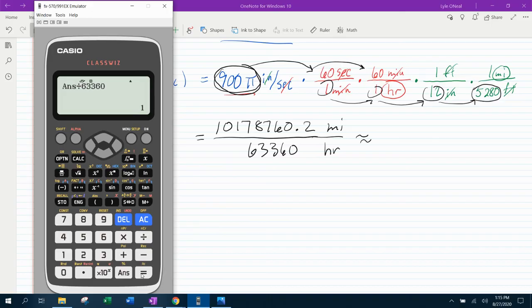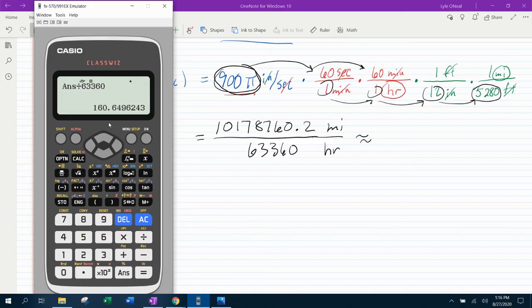Oh, that can't be right. How did I get 1? Clear. Okay, let's do this. Okay, this equals, now I've got that stored, divided by 63360. Okay, that sounds better.